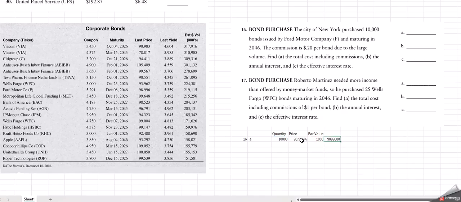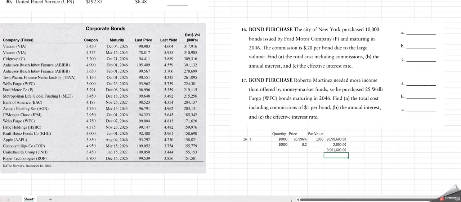That's how much we're going to pay, and then plus commission. Our commission was 20 cents a bond, so we're going to pay another $2,000. Then we will sum those up. So that's our total cost.